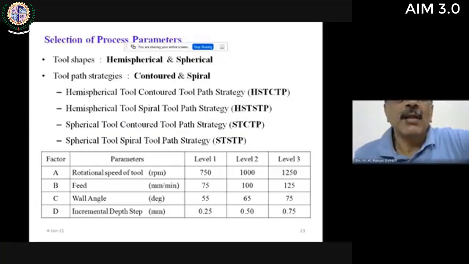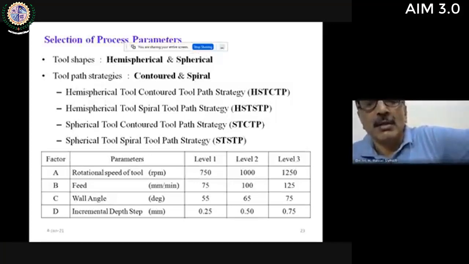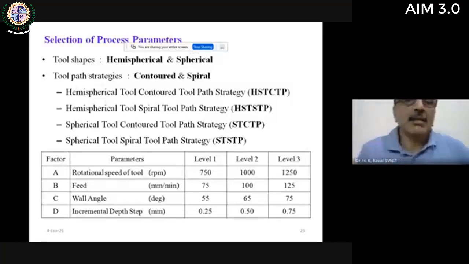Then we did the focused experiments, some detailed experiments. Again, the same parameters were studied, but here another parameter was added, that was the wall angle. Wall angle was added compared to the earlier case. And here 3 different strategies of tool path and tool shape combinations were introduced.